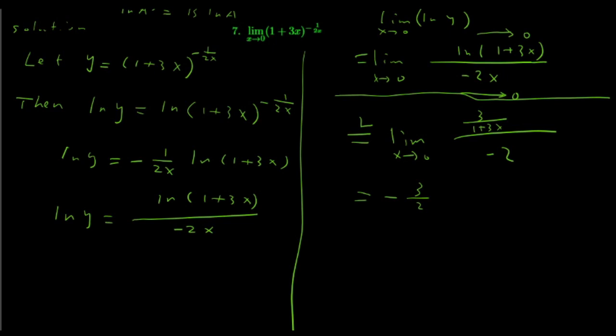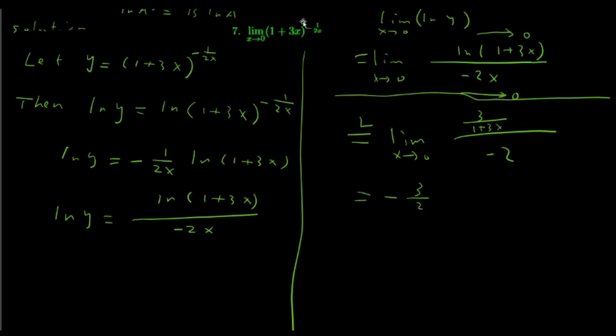We are not done yet. That's only the limit of natural log of y, right? If you look at the beginning, we were trying to compute the limit of natural log of y. If the limit of natural log of y is equal to a number, how can we get the limit of y? So the given limit, now look at 7, okay?